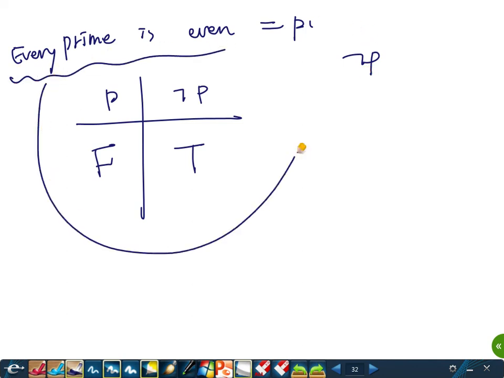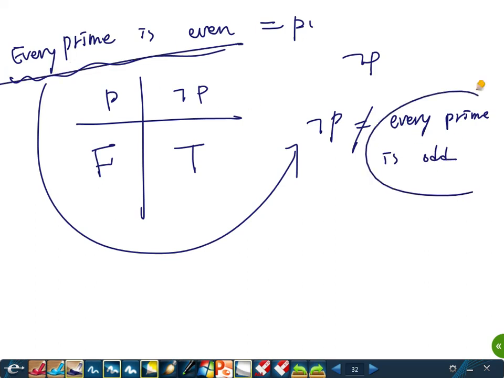Maybe you define not P in a different way. Not P here in words will be: not every prime is even. It is not "every prime is odd." They are different. Maybe you're confused because you thought that every prime is odd.